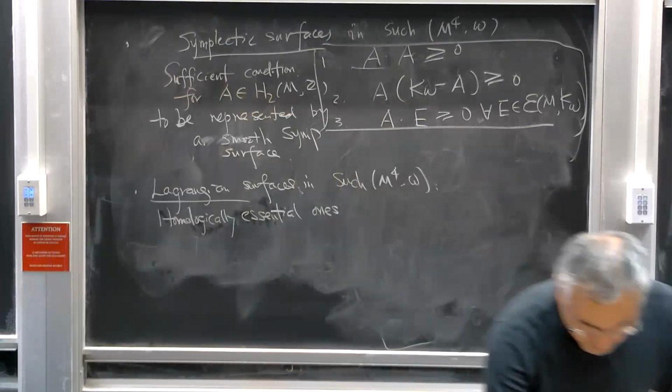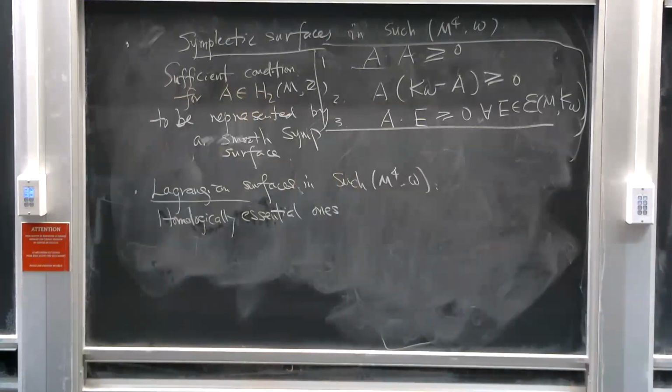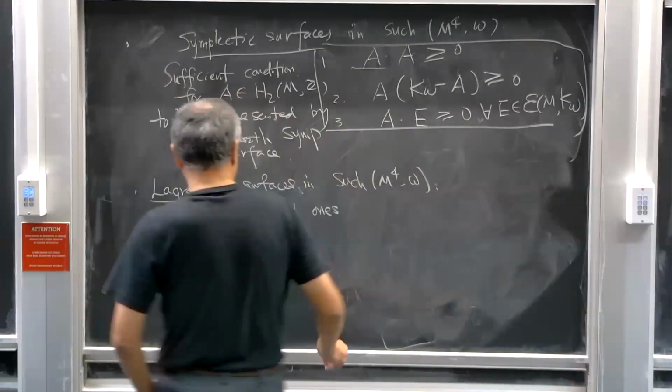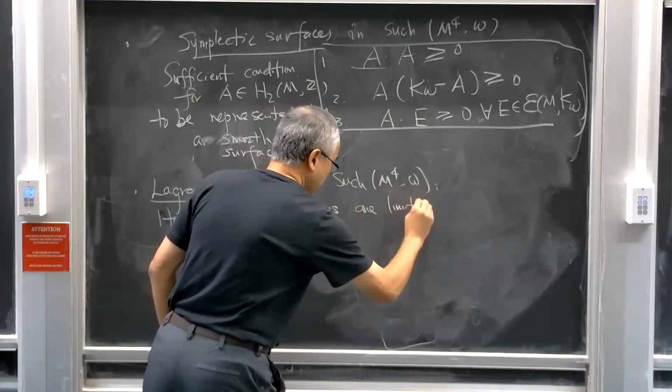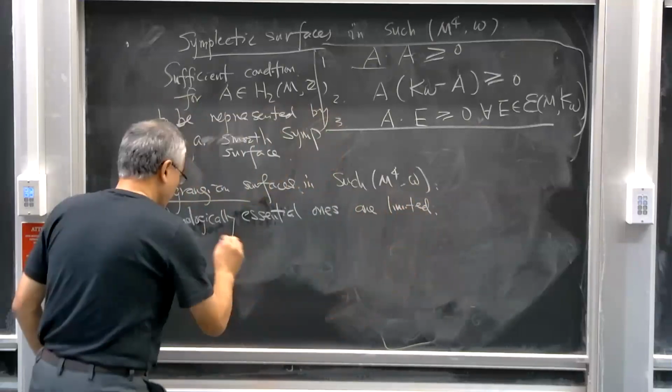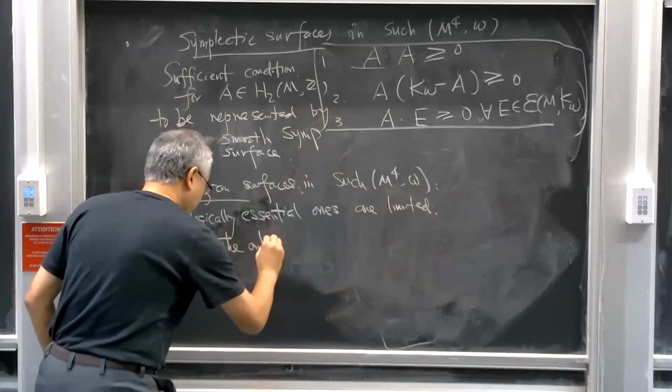Then there are very few topological types. In fact, there's only one topological type, if you assume the Lagrangian surface is oriented.